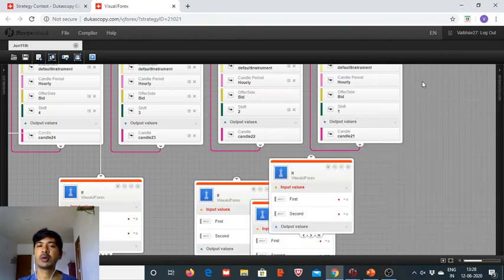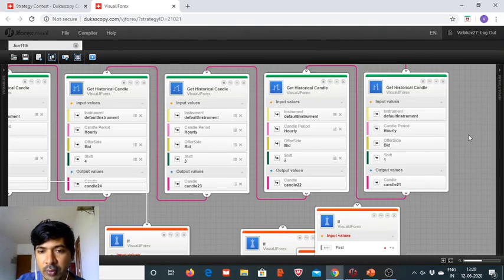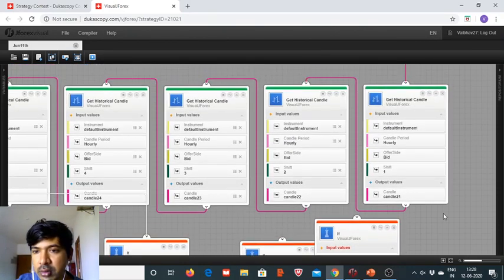So here it goes, and now we need candle 22's close.